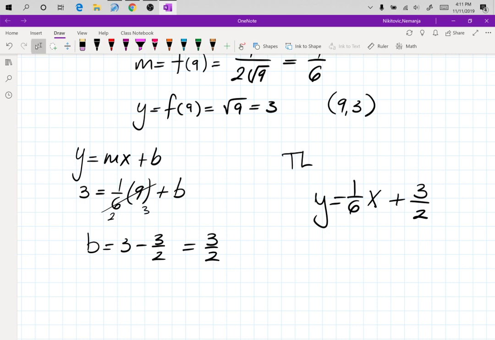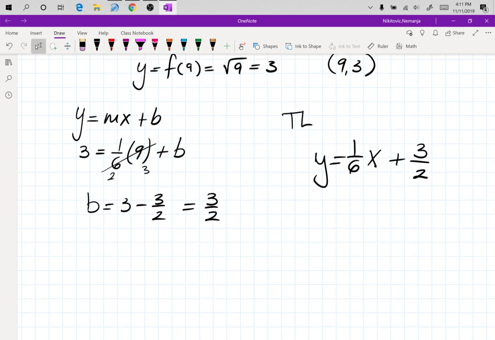So this is the tangent line, and we can call this L of x if you write it in function form. L stands for linearization, because the tangent line is a linear line.